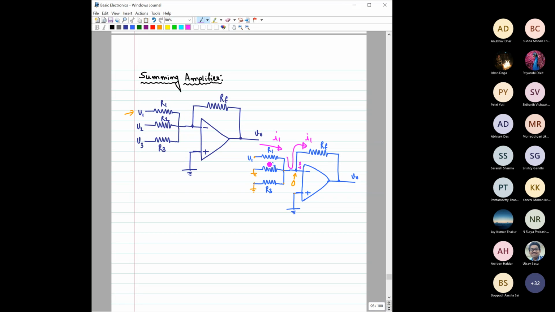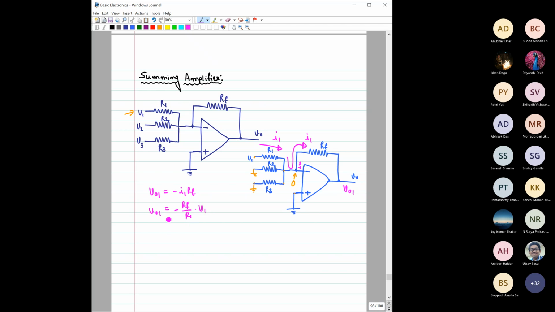From that, it is not difficult to find the output for this case. Let's denote that output as V01. V01 would be equal to minus I1 RF. This is nothing but an inverting amplifier, and you know what the output of an inverting amplifier is. So you can also directly write V01 equal to minus RF by R1 into V1, right?